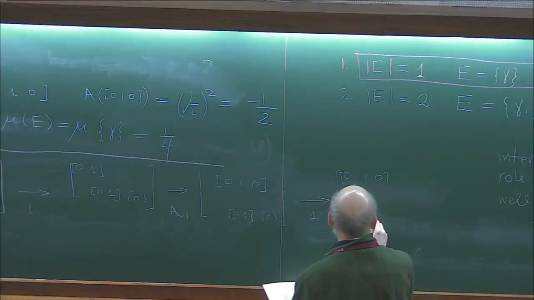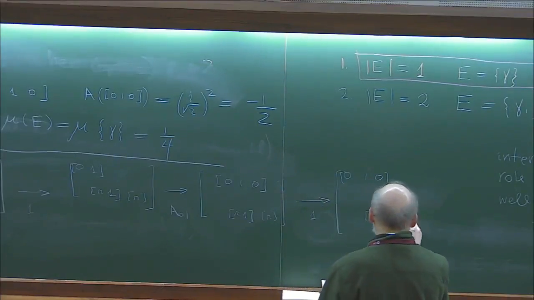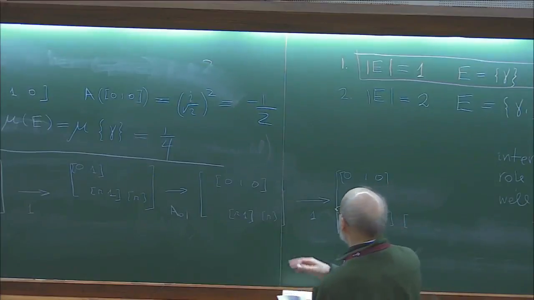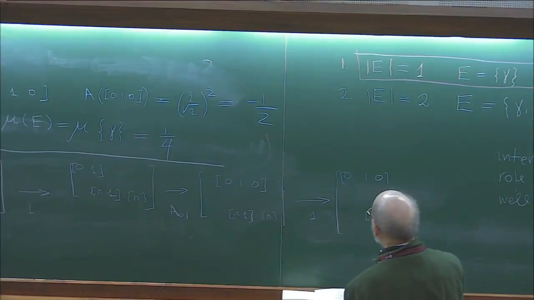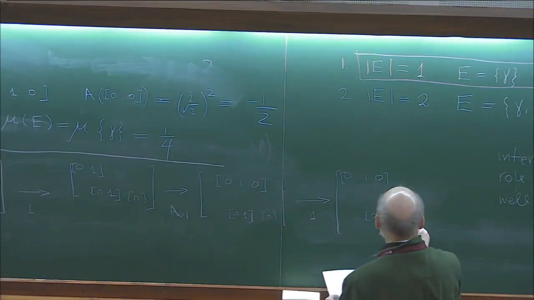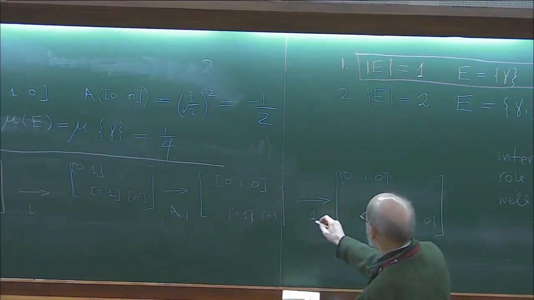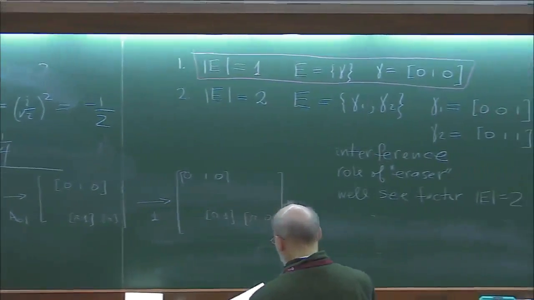The first ancilla has copied what the particle did in the first inter-splitter beam. And now the second ancilla kicks in, and it looks and says, aha, 0, so it copies that with probability 1, with amplitude 1.